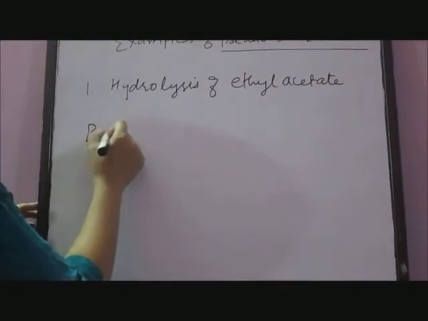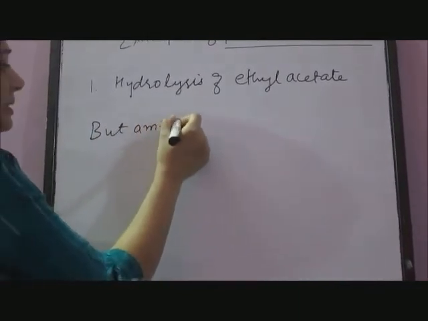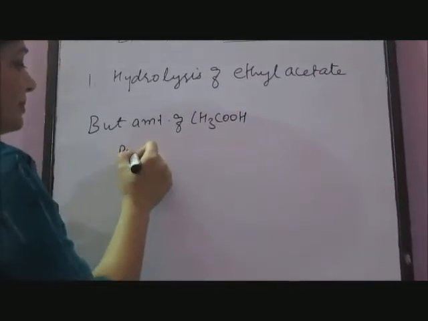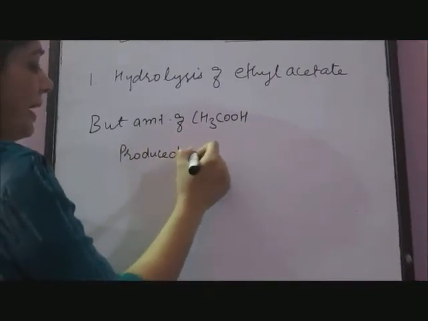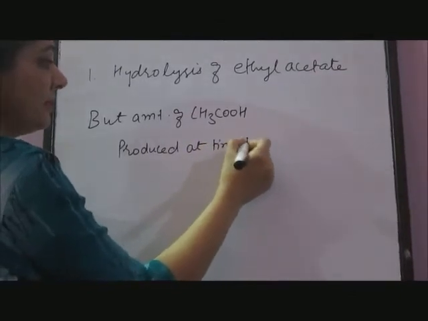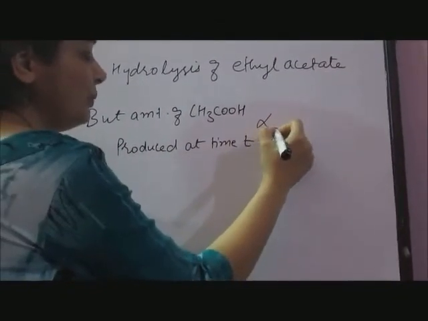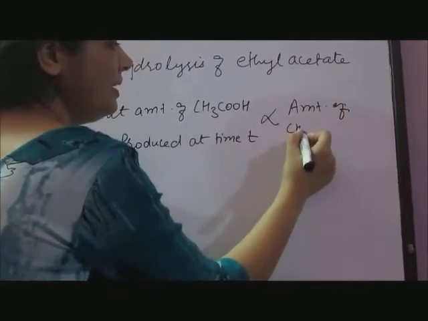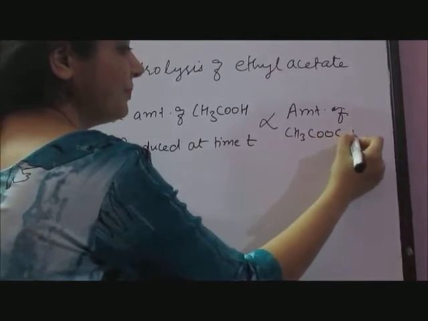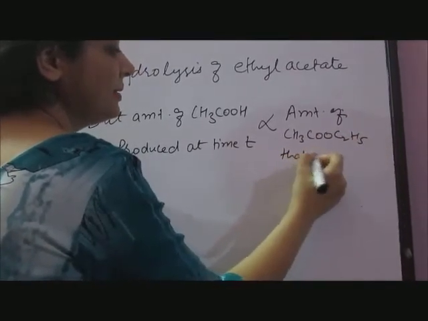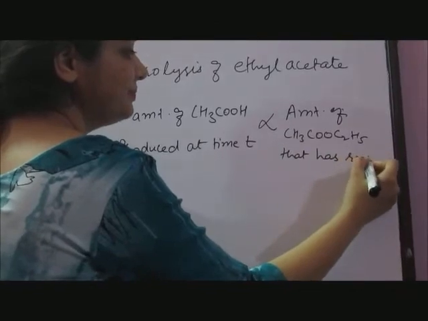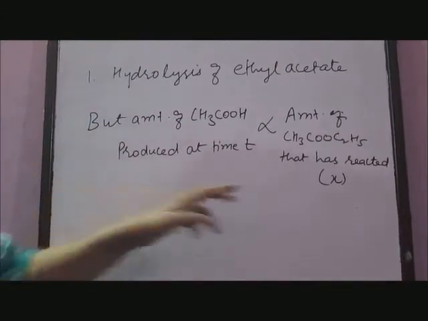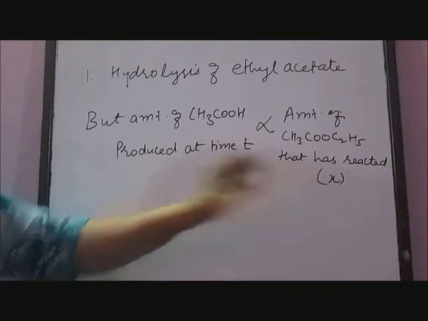But amount of acetic acid produced at time t is proportional to amount of ethyl acetate that has reacted, means x moles of ethyl acetate reacted.